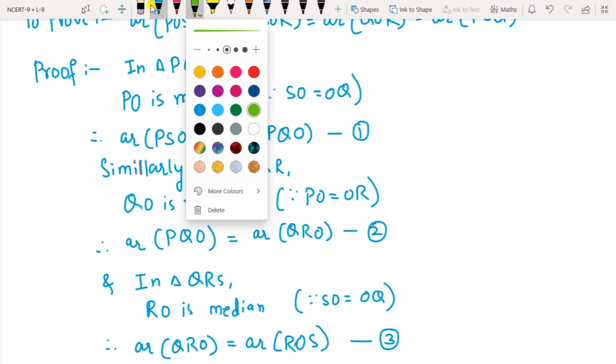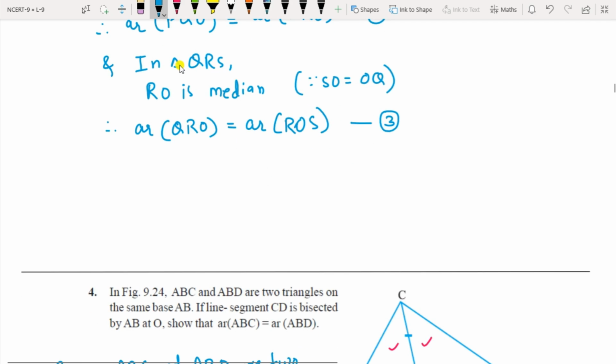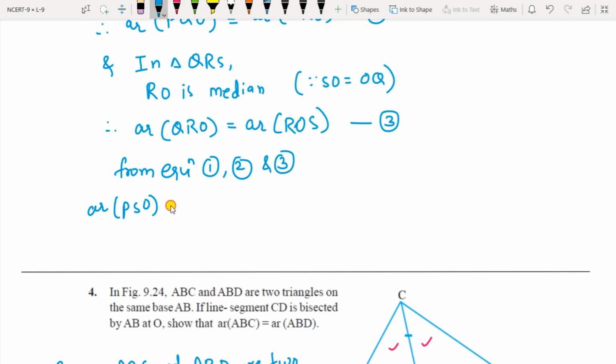So from equation 1, 2 and 3, we will write area of PSO equal to area of PQO is equal to area of QRO, and that is equal to area of RSO.